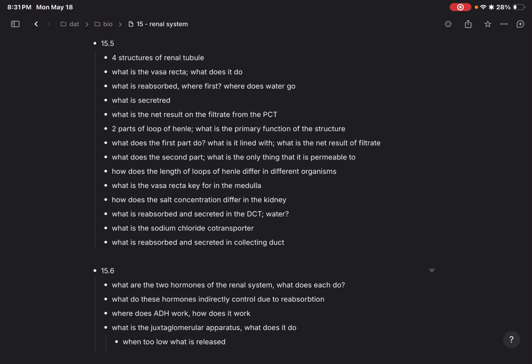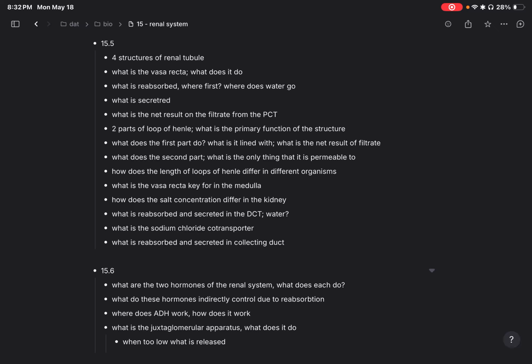So what is reabsorbed where first? First we got the proximal convoluted tubule, the PCT, that'll absorb ions like Na+, Cl-, K+ and HCO3-. And then when those all get reabsorbed, water will follow to maintain the osmotic balance.